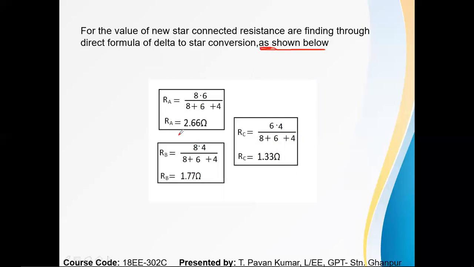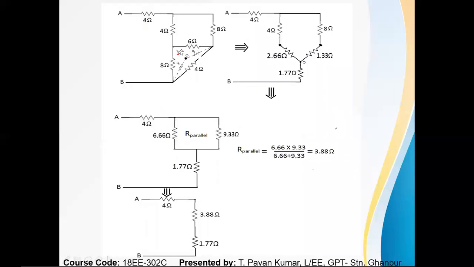So next, RA is nothing but 2.66, RB is 1.77, and so on. Now I substitute this new star conversion into my circuit. This star is going to show up like this.